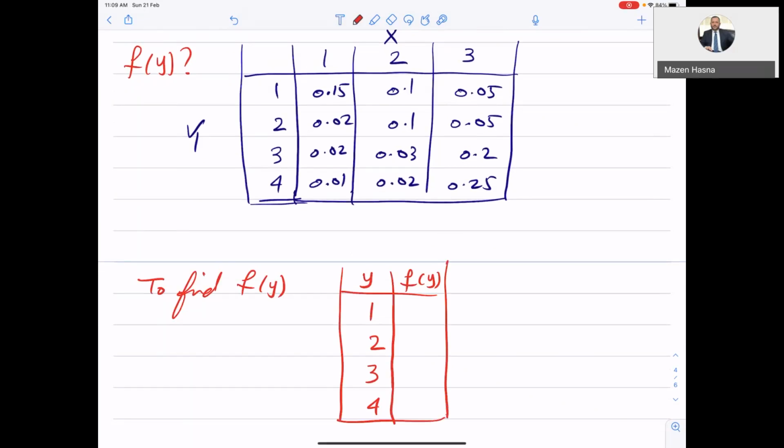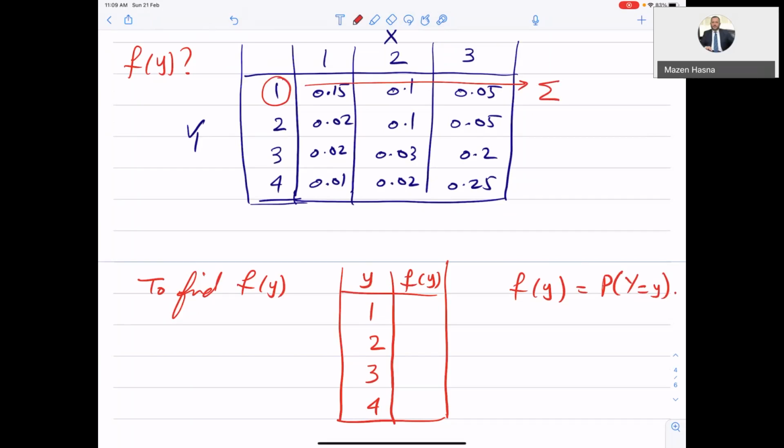In the case of discrete random variables, we know that f of y is simply probability that Y equals y. So if I give you the joint distribution of x and y and ask about the marginal distribution of y only, what you need to do is to find the value of f of y for 1, you just sum across all possible x's for that 1.